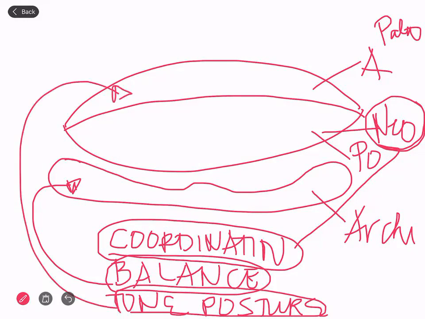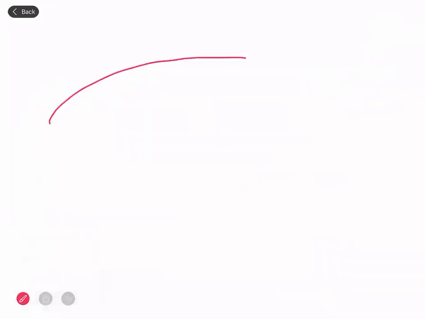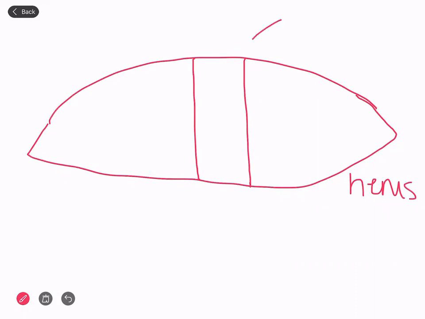Just remember those things. And of course, the somatotopic organization, or representation, of the cerebellum. The cerebellum is subdivided into two main areas: the hemisphere and the vermis.